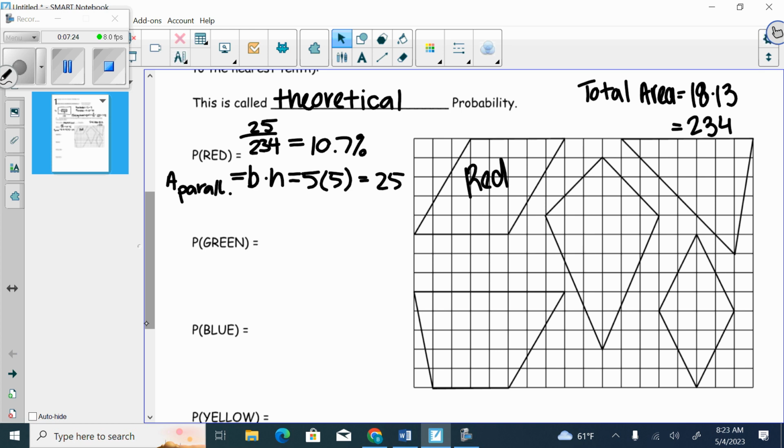Next, they want probability of hitting green. This piece here in the middle is our green. All right, what kind of shape is this green piece? Good. And what's our formula for area of a kite? Remember, our rhombus and kites are the same.